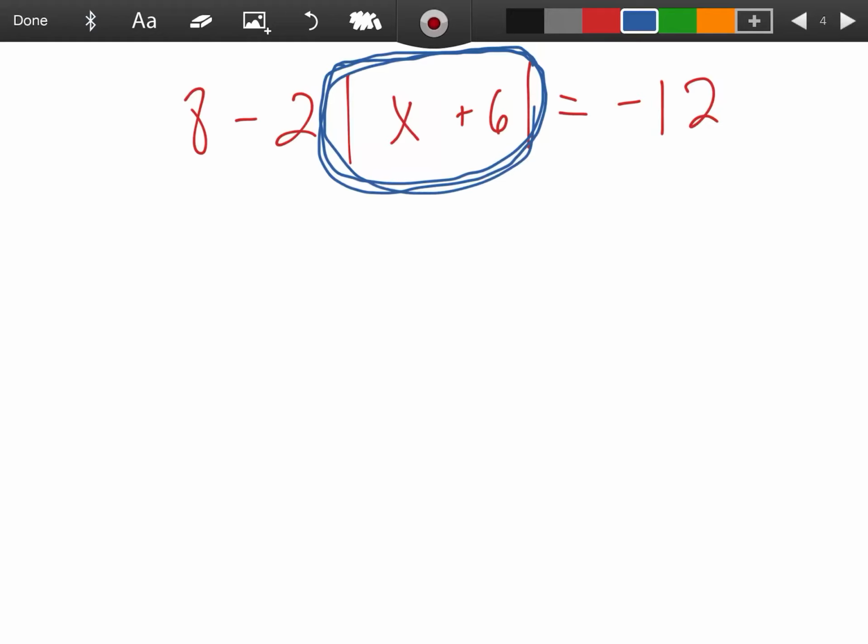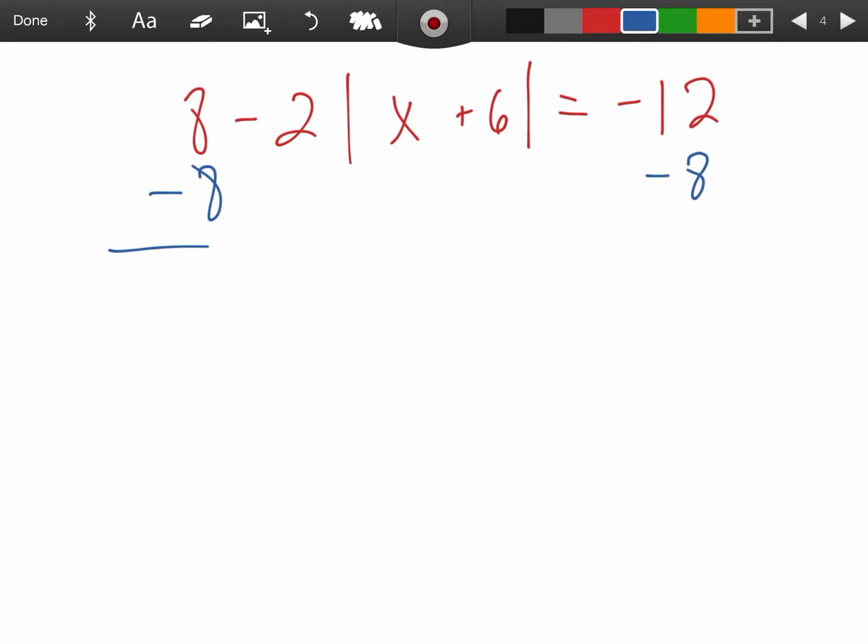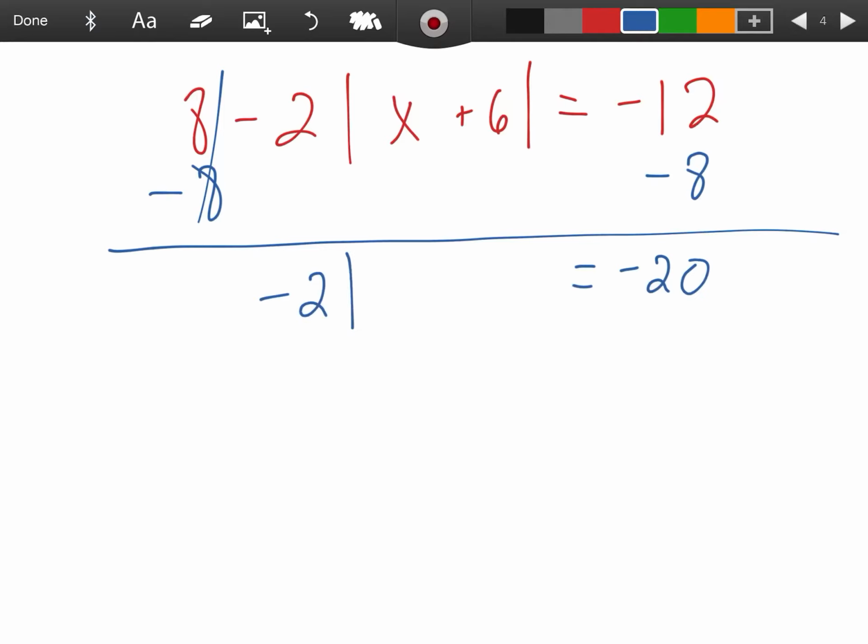All right, so let's run through that. The first thing I'm going to do is subtract 8 from each side. We're using the reverse order of operations, so I subtract 8 from each side, it cancels on the left, and it leaves me with negative 20 on the right. So I have negative 2 times the absolute value of x plus 6 is equal to negative 20.